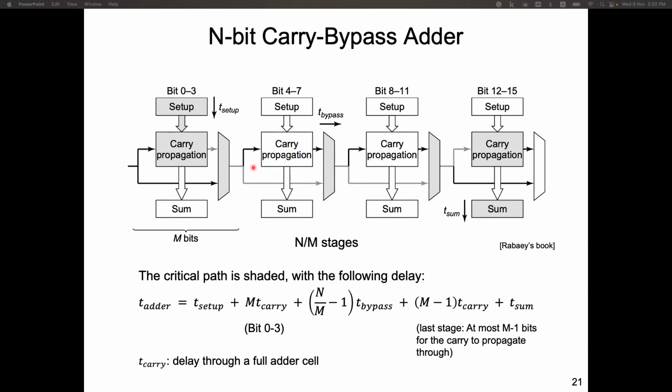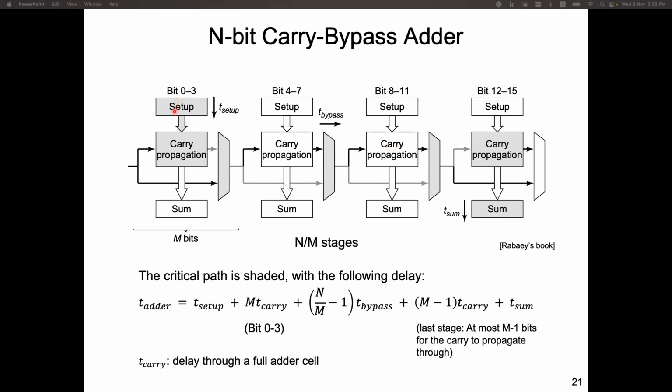If this occurs, it can be detected here and here. So in the second stage, we can bypass the carrier propagation, bypass this stage. So the carrier can be fed to the third stage through the multiplexer, and it can be fed to the final stage through the multiplexer. So the carrier propagation does not need to go through this and this in the second and third stage.